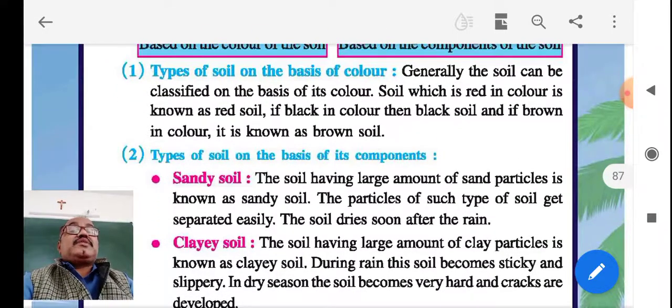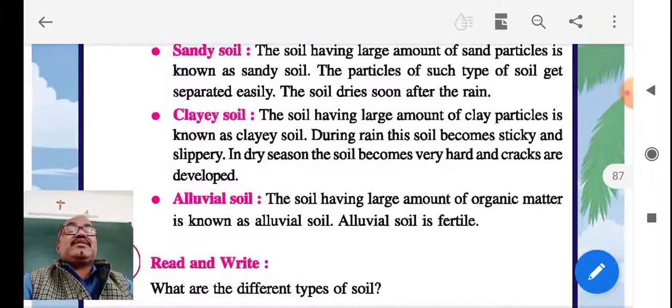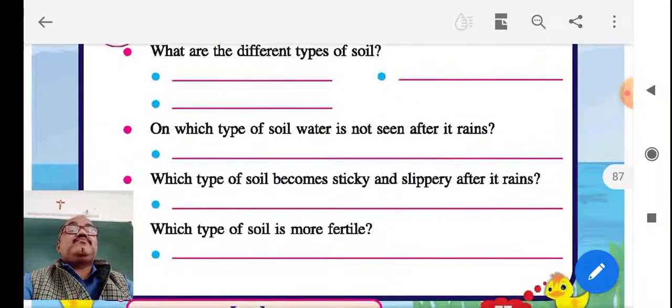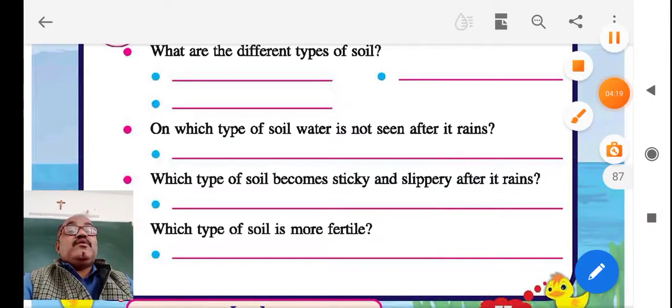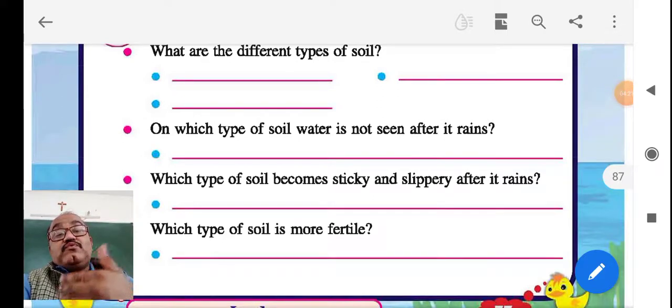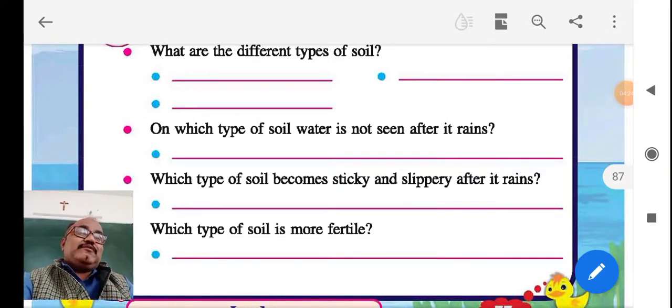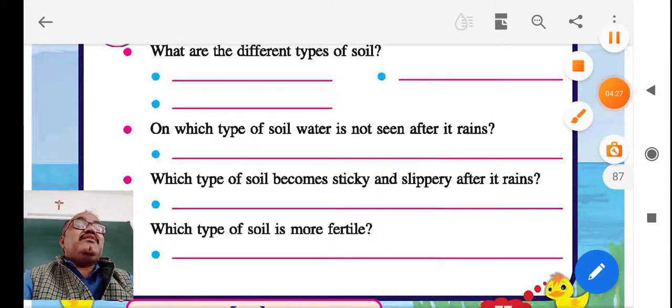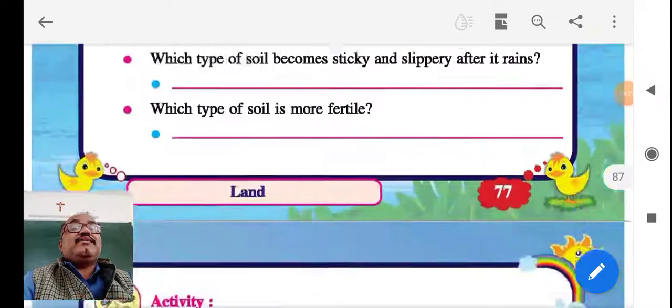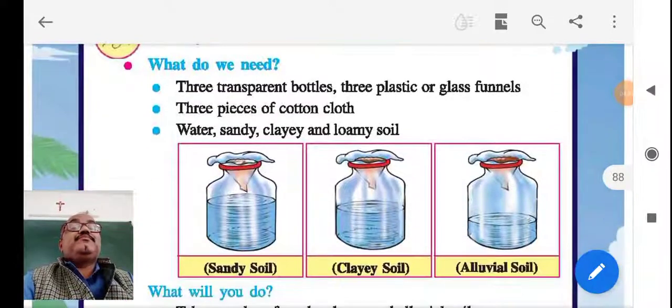Then afterwards, types of soil on the basis of color: sandy, clay and alluvial, different types of soils. I have also shared the questions and answers with you. Then which soil has more fertility is also important. Please study well at home and write down your observation.